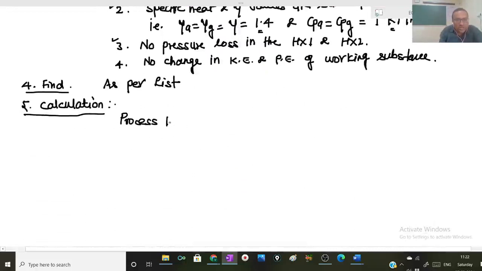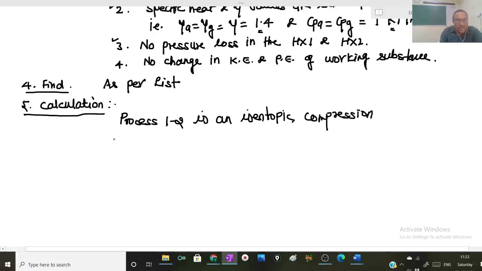So process 1 to 2 is an isentropic compression. Now I am interested to calculate T2, remember.